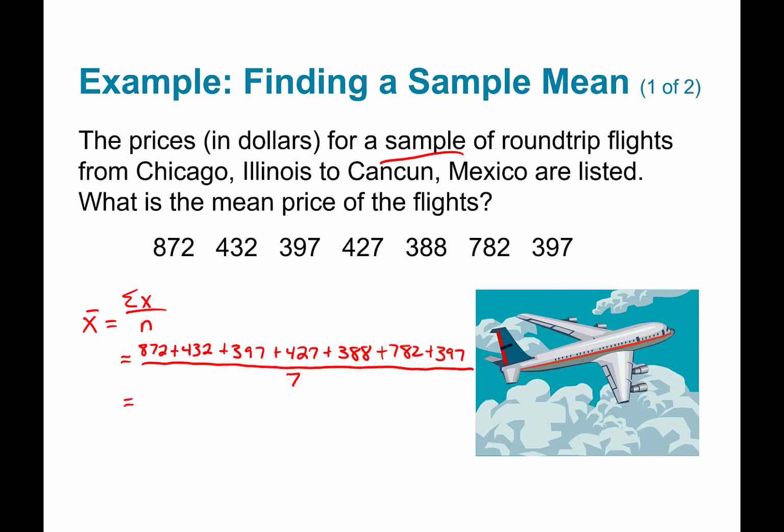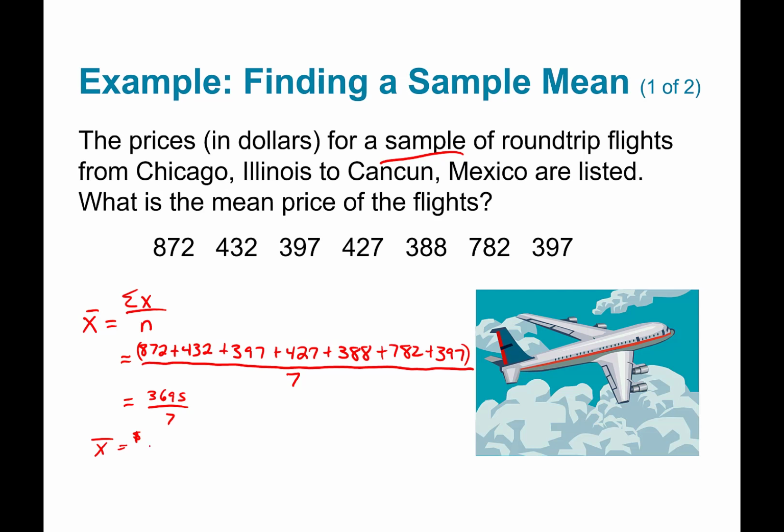When you calculate that, adding up all those numbers, following order of operations, you can think of it as if there were a set of parentheses around that numerator. So add up all of those numbers in the numerator first. You get 3,695 divided by 7. So you end up getting a sample mean, and I'm going to round to 2 decimal places since we know we're talking about prices.